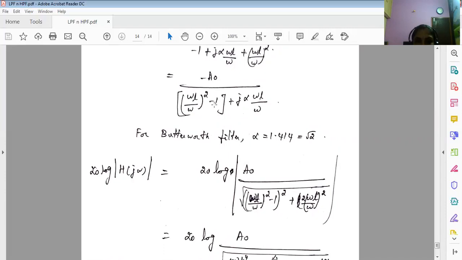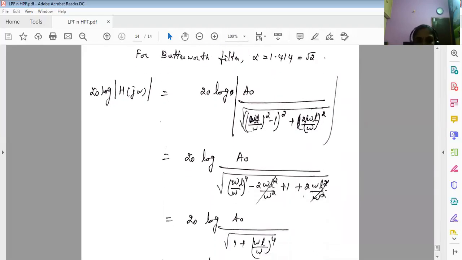A naught divided by the modulus of this value, which will be the root of real part square plus imaginary part square. So the real part being (omega L by omega the whole square minus 1) the whole square plus (omega L by omega) the whole square. Simplifying this further, we split it into the (a minus b) the whole square formula.